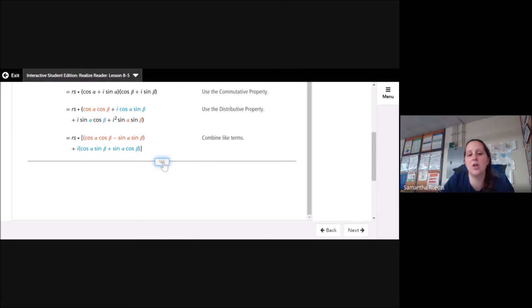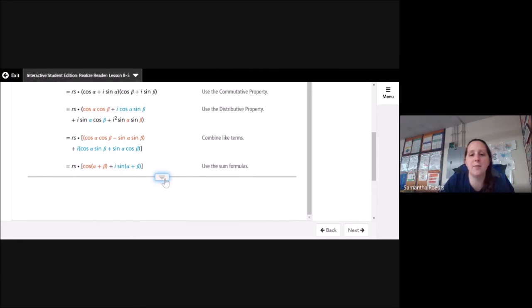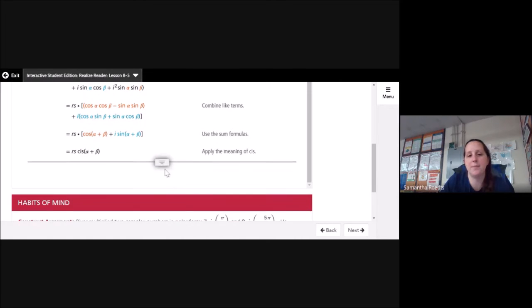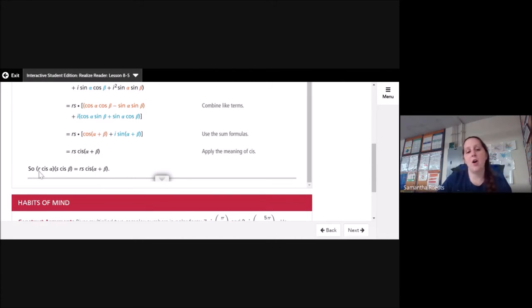So rs times cosine alpha cosine beta minus sine alpha sine beta, plus i times cosine alpha sine beta plus sine alpha cosine beta. Okay, I use the sum formulas: rs times cosine alpha plus beta plus i sine alpha plus beta. So I get rs cis alpha plus beta. So r cis alpha times s cis beta equals rs cis alpha plus beta.